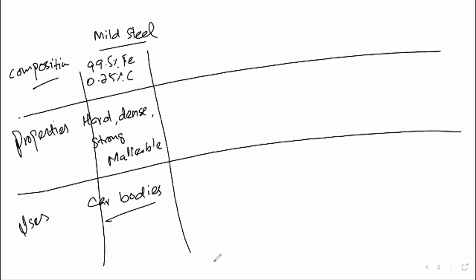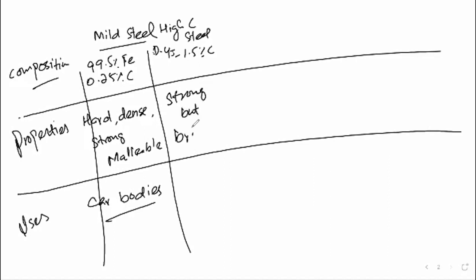After mild steel, we have high carbon steel. It has 0.45 to 1.5% carbon, and the rest is iron. It is strong but not malleable, but brittle.